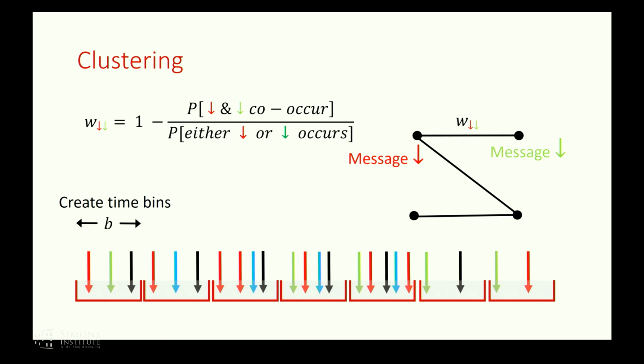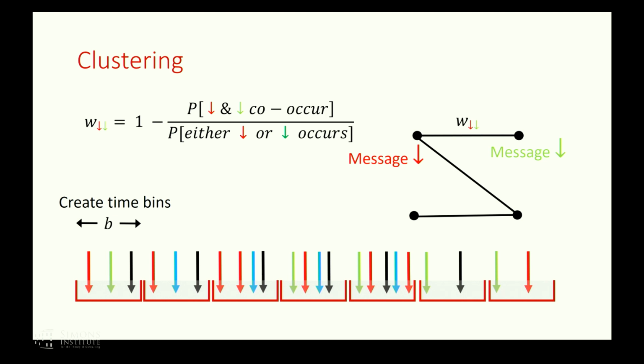One simple algorithm that people use often is a clustering type algorithm. Basically, each of the messages can be thought of as a node in a graph. Then you draw a link between every pair of nodes, and you assign a weight to each link. The weight is 1 minus the fraction of time that the red message and the green message co-occur.